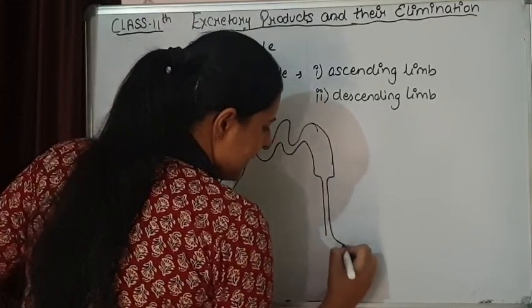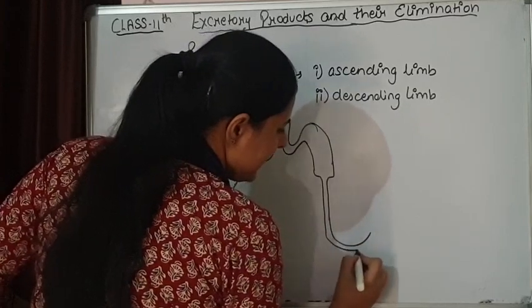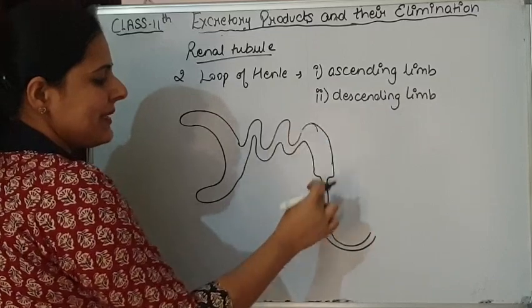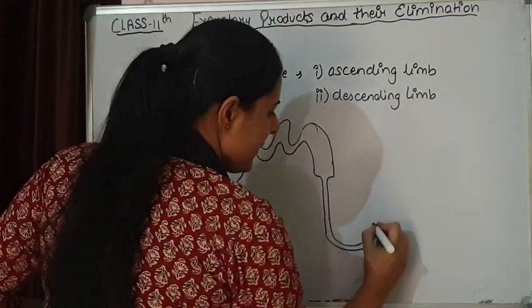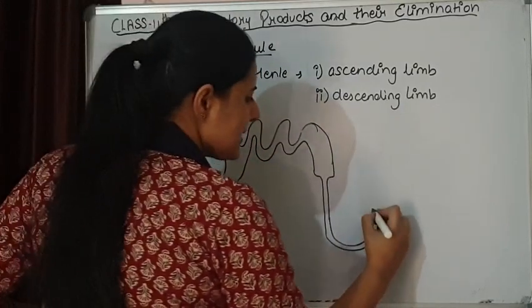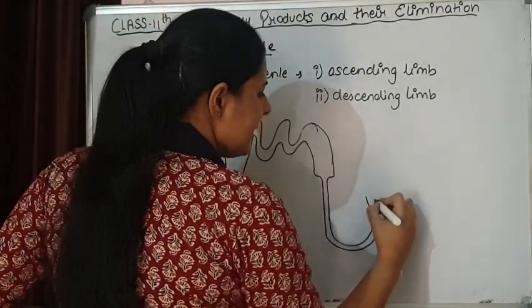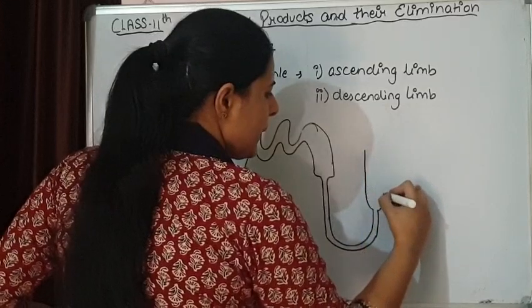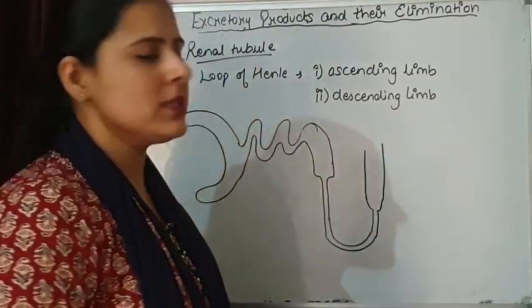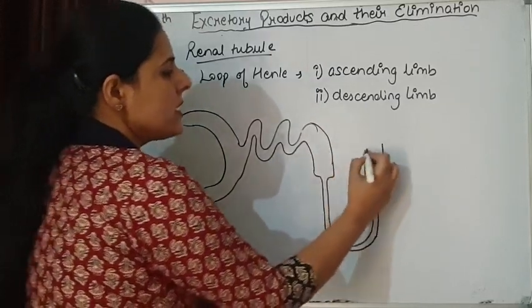Now if we see carefully, the descending limb has a thick segment that is in continuity with the PCT and later on a thin segment. Now it is again moving upward. This is the ascending limb, and this ascending limb also has two segments, the thin segment and the thick segment. This is how the loop of Henle is present.